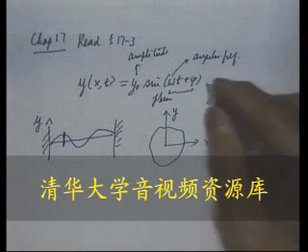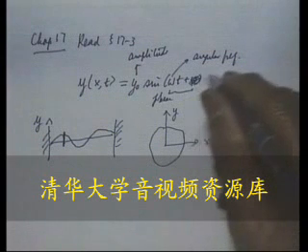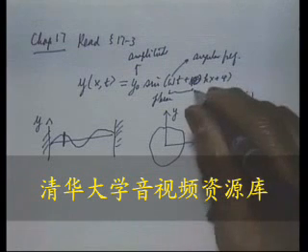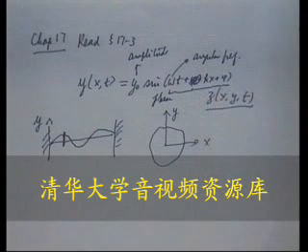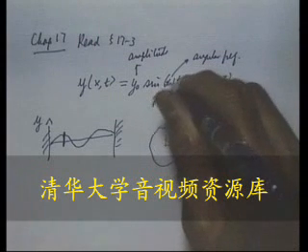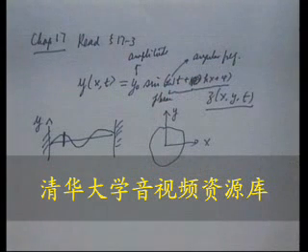Sorry. Plus minus omega t. For a fixed t, it's a sinusoidal wave.